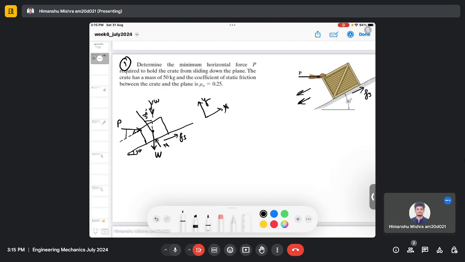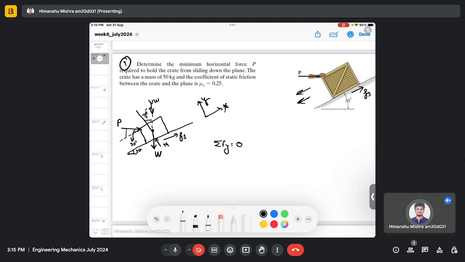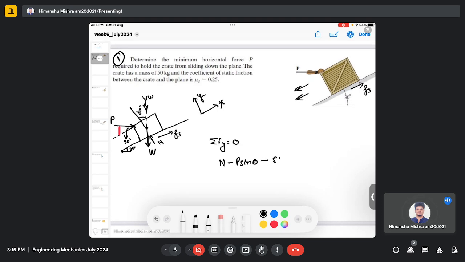Right, so if I do the summation of force in the y direction and equate it to 0 because the system is in equilibrium, I will have N minus P sine theta, because I am considering this component of P, minus 50 multiplied by 9.81, which is the weight, cos 30 equals 0. So this is my equation 1.